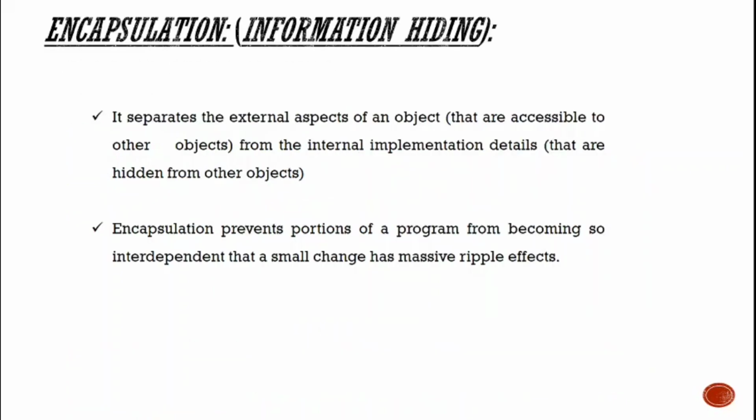Next, encapsulation. It separates the external aspects of an object from the internal implementation details. The concept of encapsulation is to hide the information from other viewers. Encapsulation prevents a portion of a program from becoming so interdependent that a small change has a massive ripple effect.